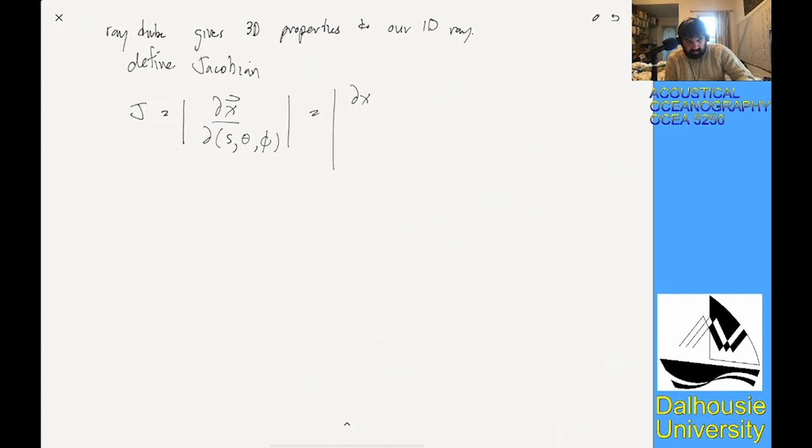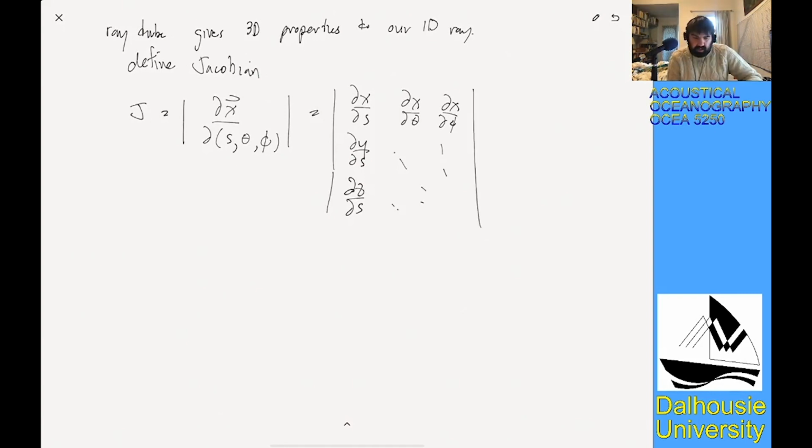Maybe familiar to most of you, the definition of the Jacobian, with ds0, right?